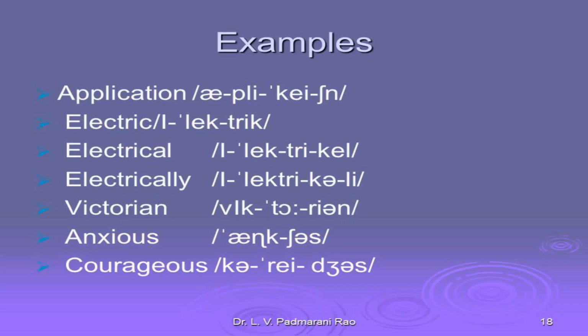Now when we come down to the next rule, ic, ical, ically, ial, ially and ian. When the words are ending with this, the same rule applies. The syllable before the suffix is given the accent. Accordingly, electric, a trisyllabic word it is. The syllable before the suffix ric is lec and so l is given the stress.